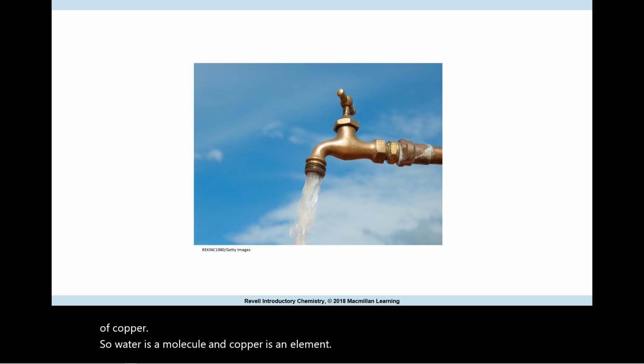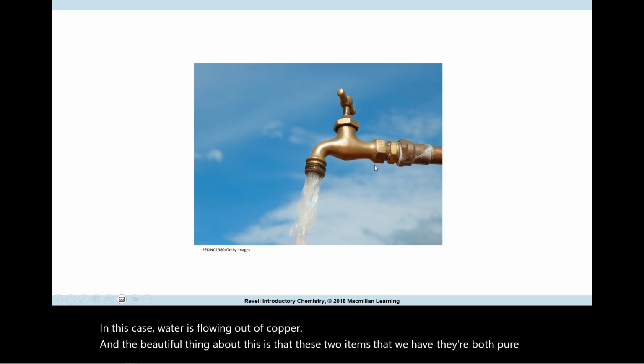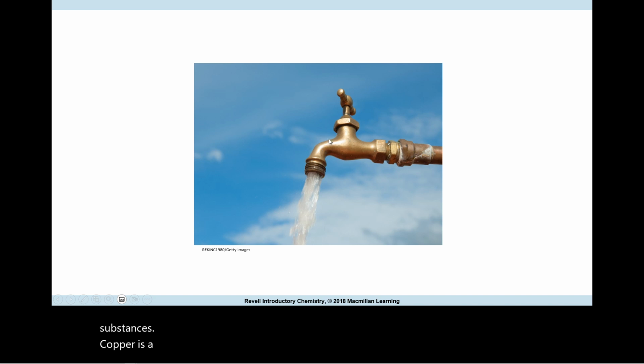In this case, water is flowing out of copper. And the beautiful thing about this is that these two items that we have are both pure substances. Copper is a pure substance in elemental form, and water is a pure substance in molecule form with a fixed ratio.